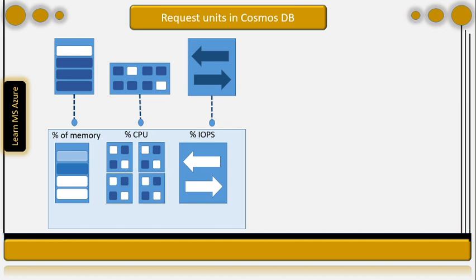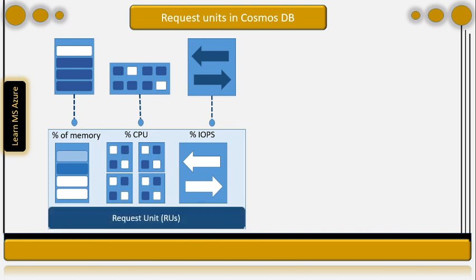Whatever percentage of resources is used for that particular operation, in terms of that you will get request units. So the request unit is basically what percentage of memory, what percent of CPU, and what percent of IOPS gets used. Depending on that, how many RUs are utilized is defined.